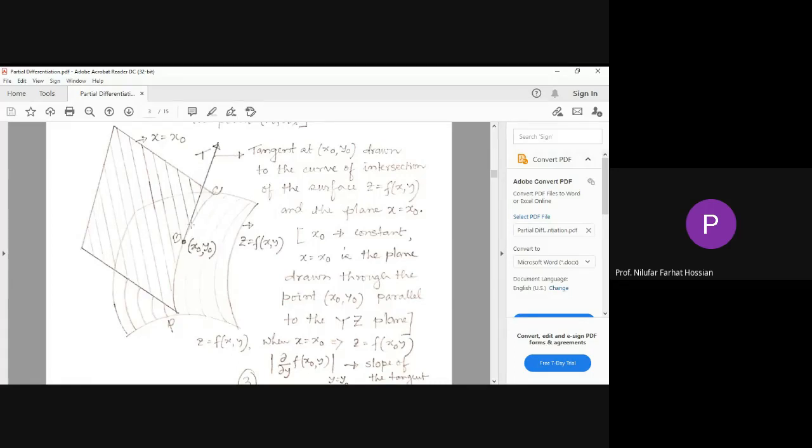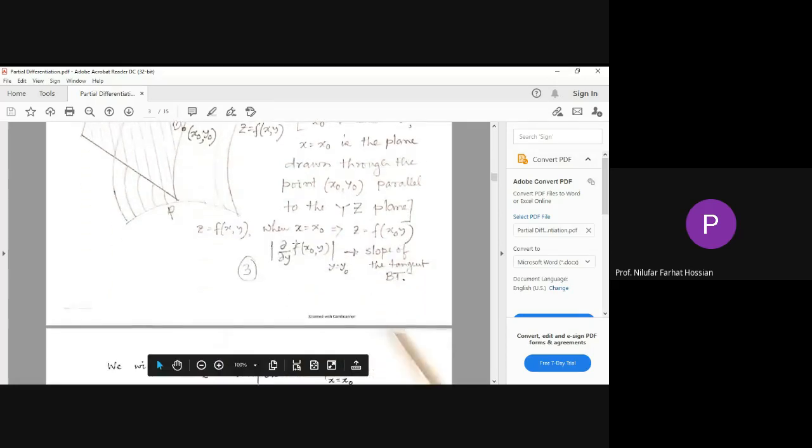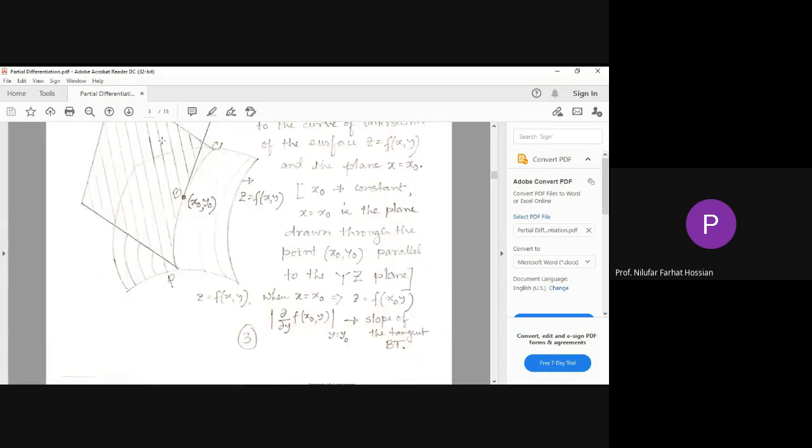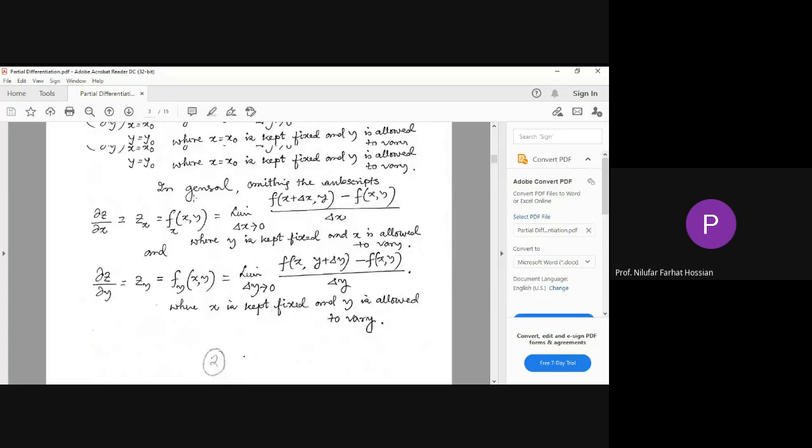Only y varies on this curve. If you differentiate this function z equal to f of x y with respect to y, it will be denoted by del y of f of x naught, y, and it will represent the slope of the tangent drawn at x naught, y naught. So this is our definition of partial derivative.